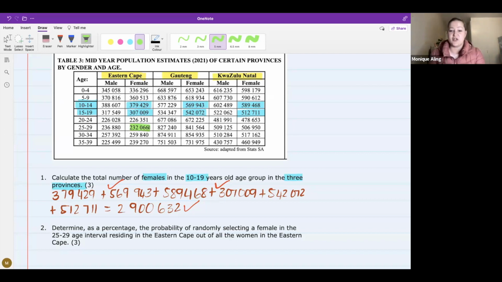I'm going to give you guys 2 minutes to work this out. We're focusing just on Eastern Cape. What is the probability of selecting a female that's between 25 and 29 years old?